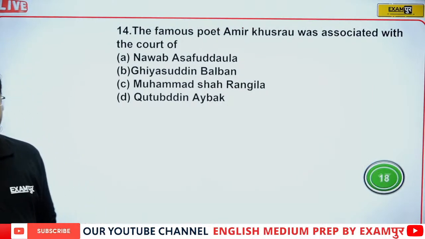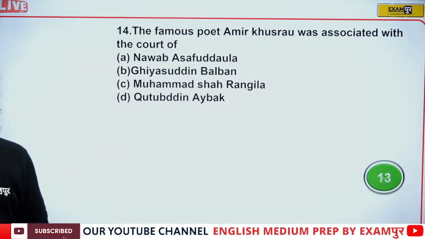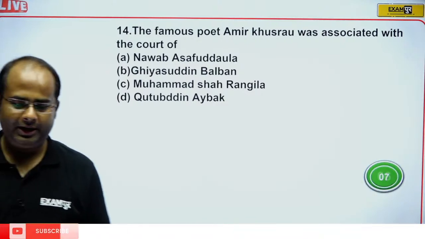Next question we have: the famous poet Amir Khusro was associated with the court of. First is Nawab Asaf-ud-Daula, Ghiyasuddin Balban, Muhammad Shah Rangila, or Qutbuddin Aibak.